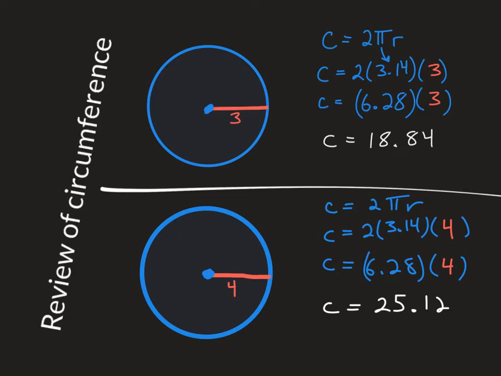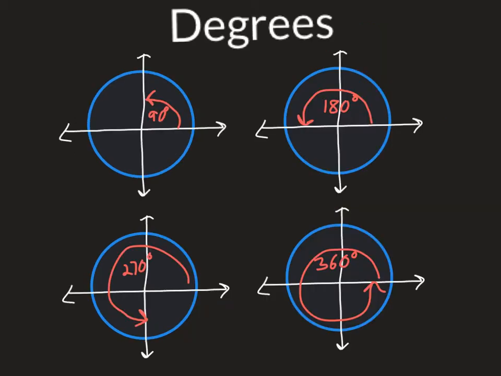Okay, let's review one other thing first, and then we're going to come back to this idea and bring it all together. Now, radians is just another way to measure the angular measure around a circle. Degrees is the angular measure that we are currently familiar with. For example, going up at a right angle would be 90 degrees, or a quarter of the way around is 90 degrees.